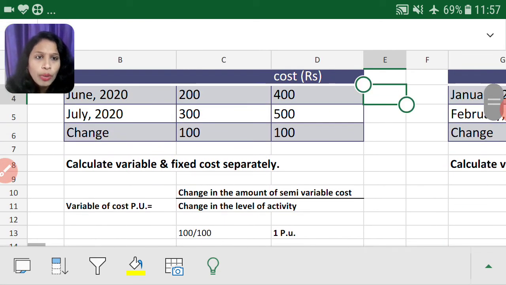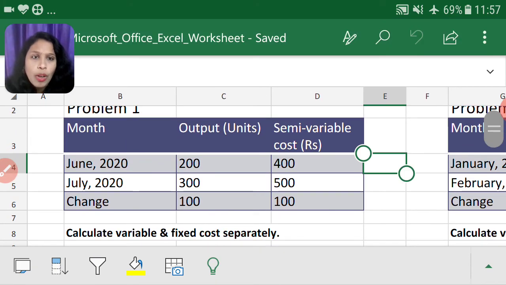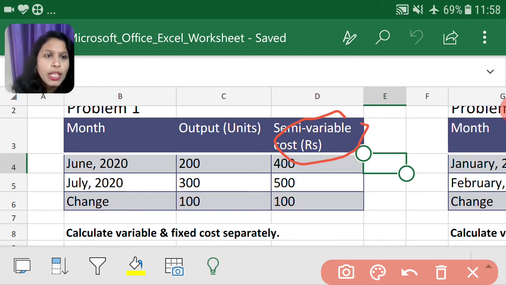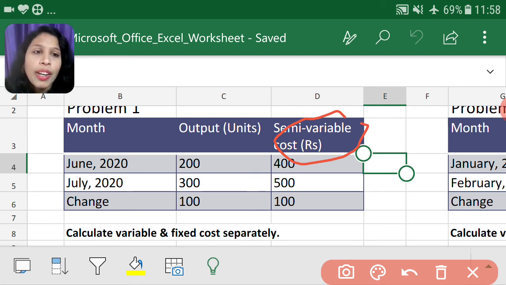So we have to find the change in the amount of semi-variable cost. Semi-variable cost is 400 for the month of June and 500 for the month of July. Then the change in the semi-variable cost is 100, it means 500 minus 400, it means 100.